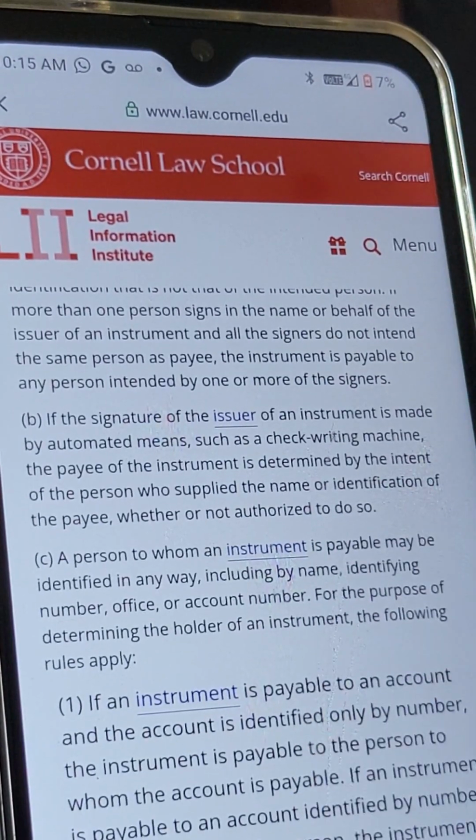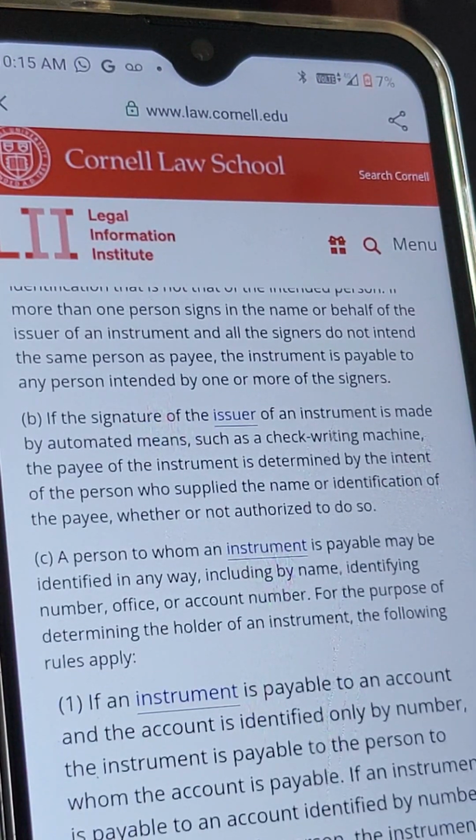If the signature of the issuer of an instrument is made by automated means, such as a check writing machine, the payee of the instrument is determined by the intent of the person who supplied the name or identification of the payee, whether or not authorized to do so.